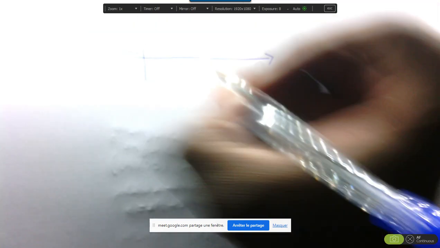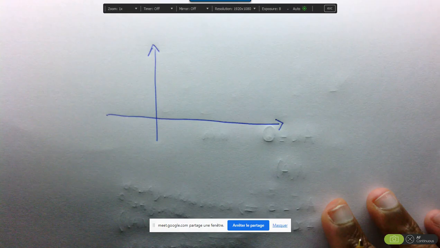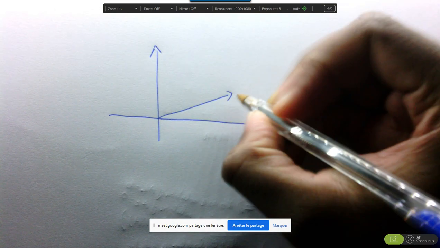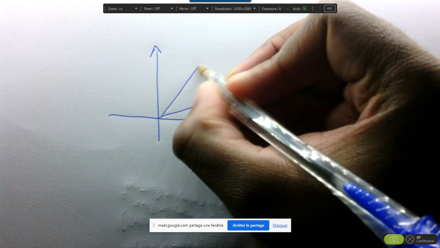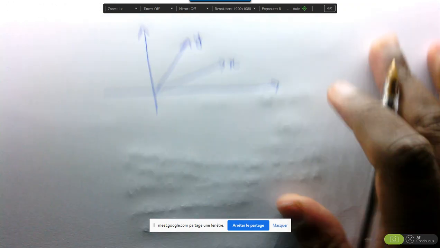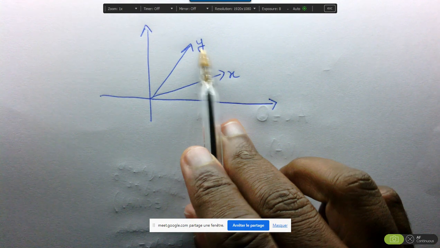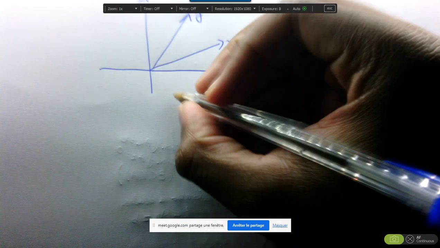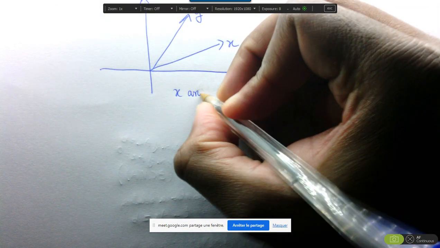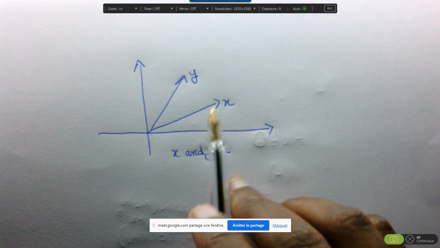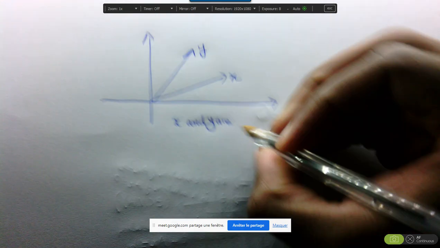I have a vector x, and I have another vector like this y. So here we said x and y are linearly independent, meaning that they are not related.